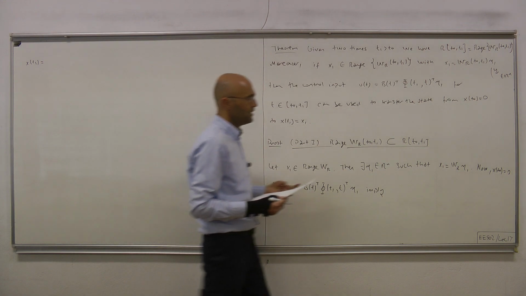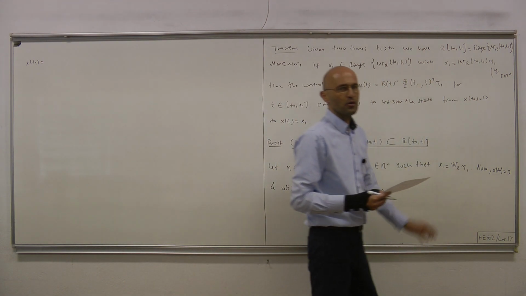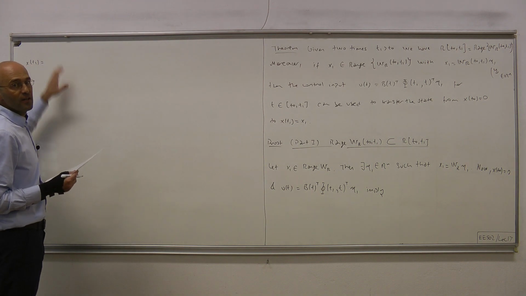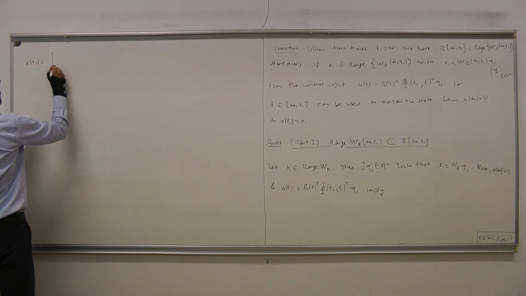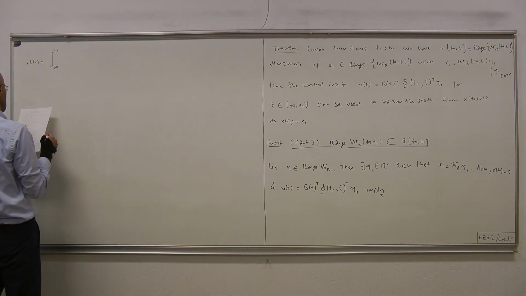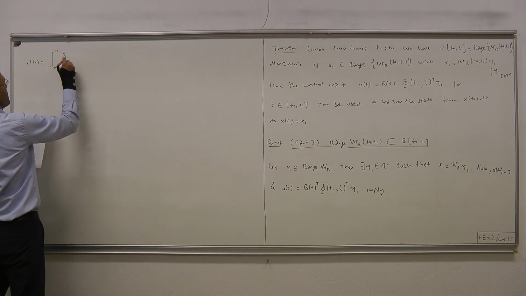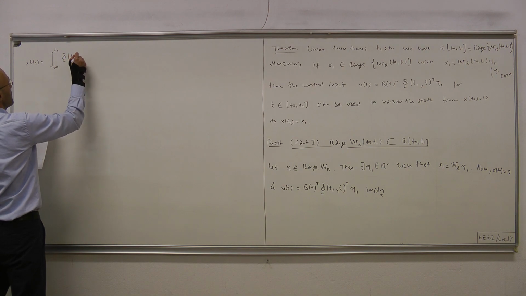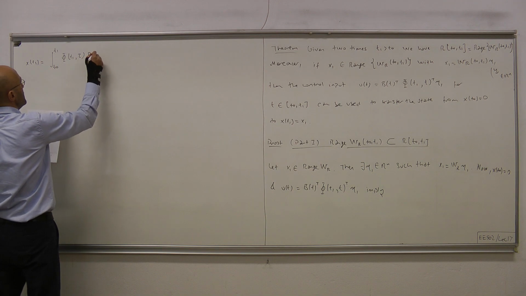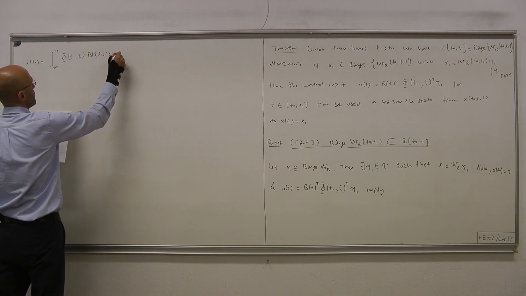Since the initial condition is chosen to be 0, so we're starting from the origin, we only have the integral from the initial time to final time: x of t1 equals the integral of phi t1, tau, B tau, u tau, d tau.